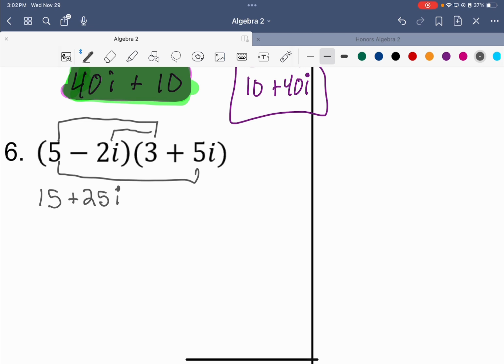Inside, negative 2i times 3 is negative 6i. And last, negative 2i times negative 5i. Negative 2 times 5 is negative 10. i times i is i squared.